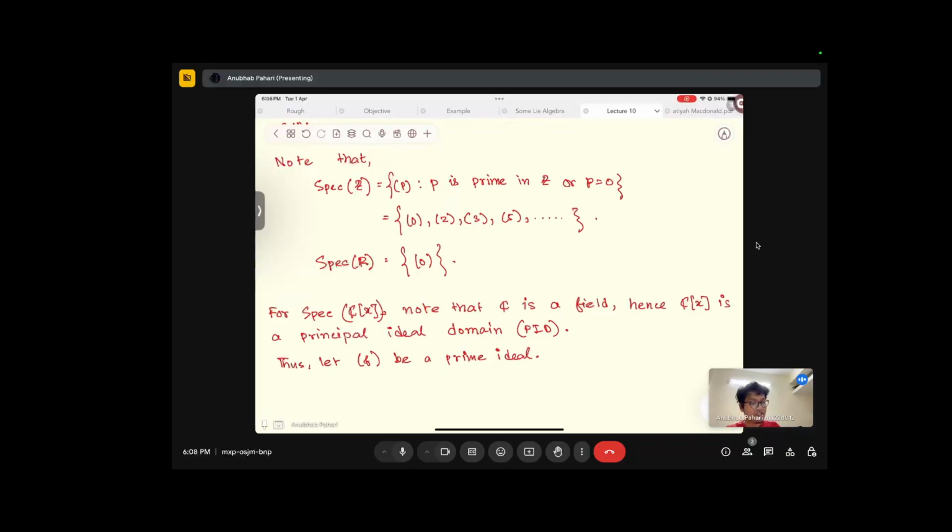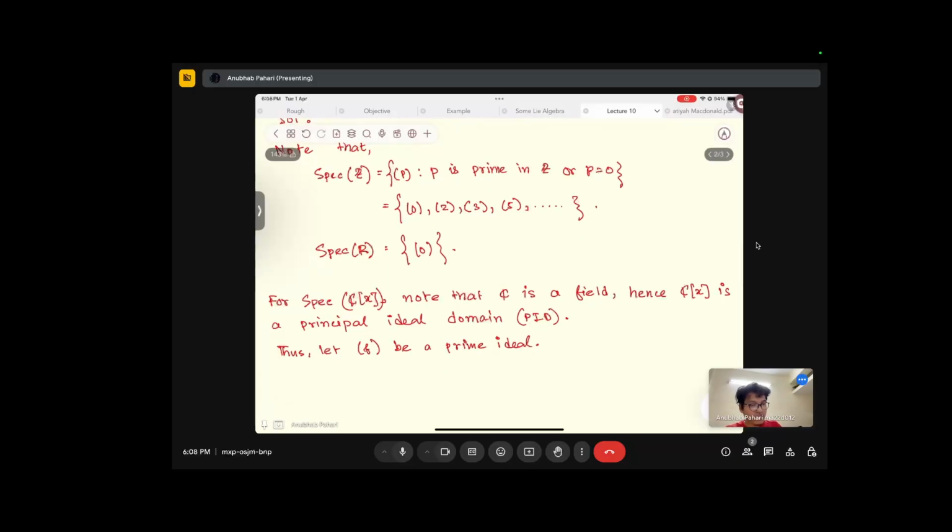Now, to check the irreducibility of f, we first assume f is reducible.